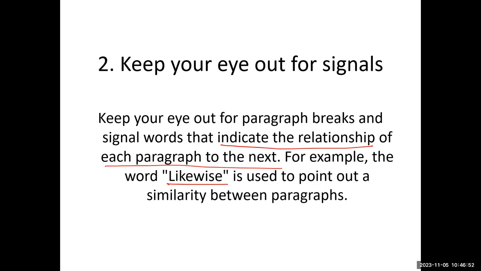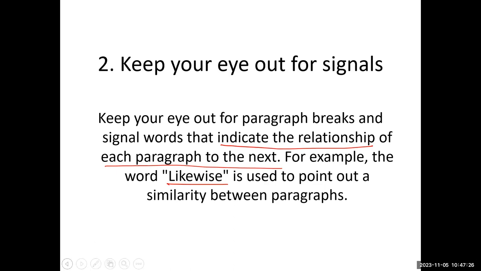So if you get any question about the disadvantage of this theory, you know exactly where to go. Your answer will be from the third paragraph. It cannot be from the first two paragraphs. So keep your eye out for these signals. Words like likewise, however, although, nonetheless, furthermore, moreover.